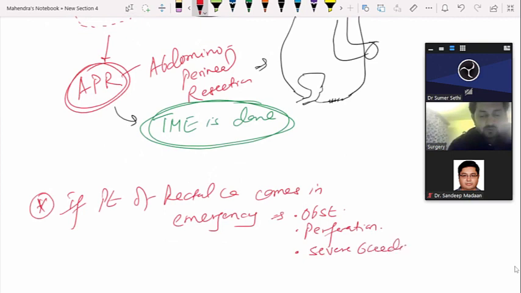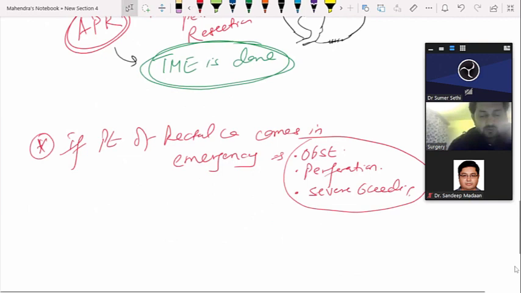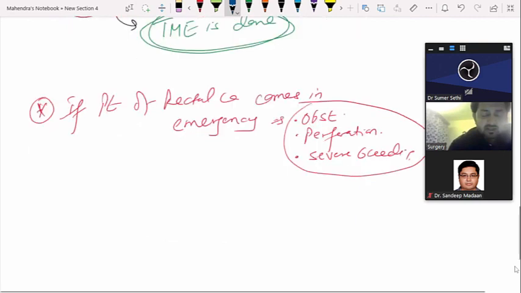Obviously if the patient has come to the emergency with these problems, the patient will not be hemodynamically stable. And if you take the patient for a surgery which is going to last more than 3 or 4 hours, there are very high chances that severe metabolic consequences can occur and you might lose the patient during surgery itself.